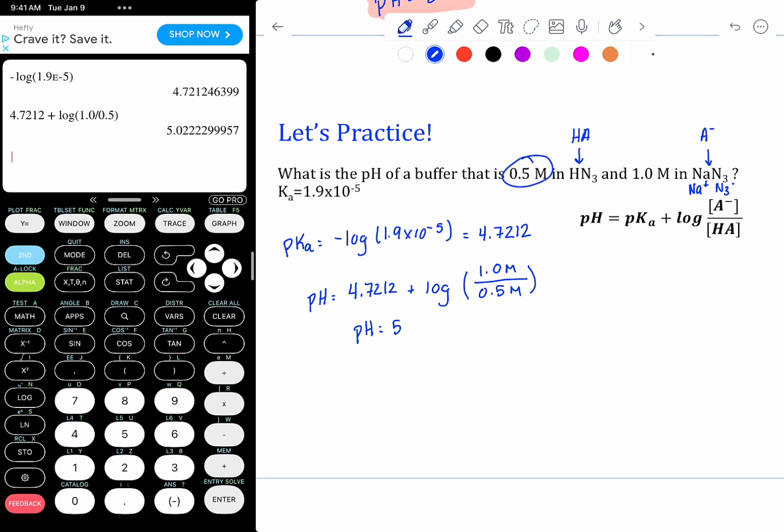We're looking for minor changes, like in the hundredths, thousandths decimal places, but now we see it in the tenths decimal places. We're off by 0.3 pH units, so it's a big difference. So this is why we need to have the concentration of our acid and conjugate base be relatively equal to each other so that we have the best buffer possible.